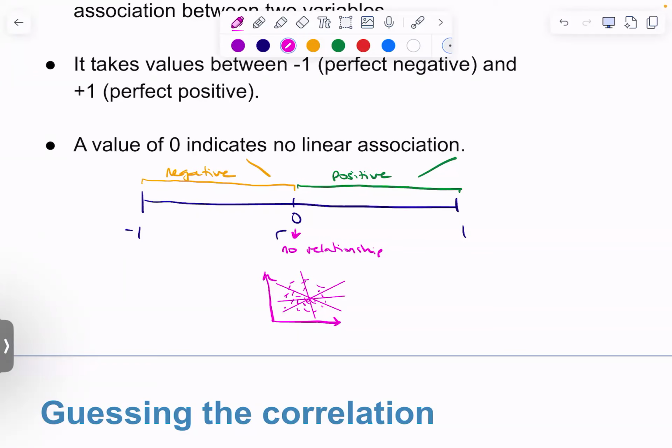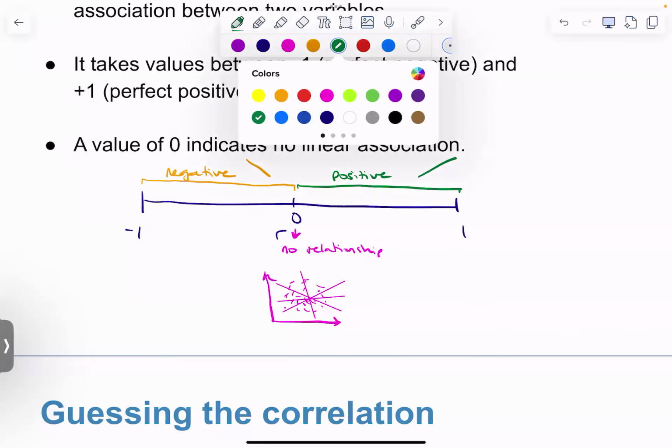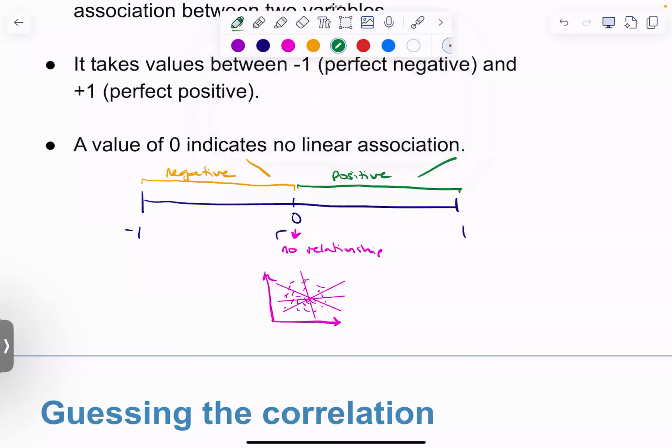As we move out from a correlation of 0 to +1, a relationship with a correlation of +1 is going to look like this.